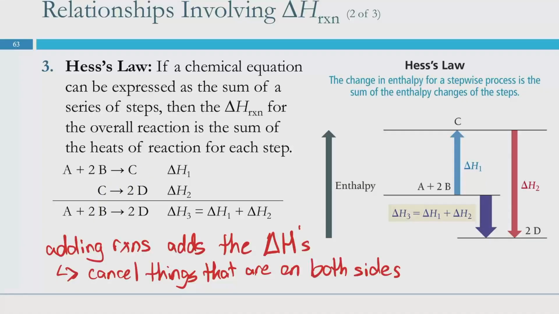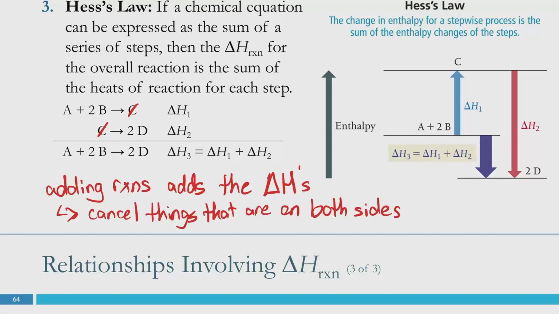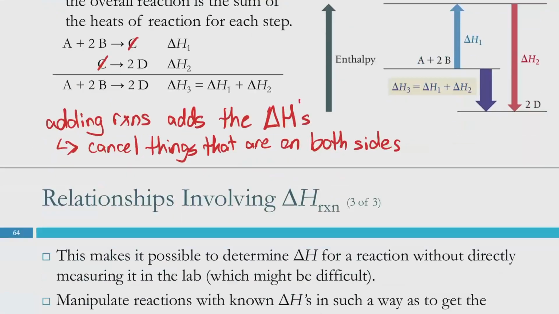If we add these together, we add up both sides, we see that we've got C on both sides. The C's will cancel out because they're on both sides. And we're left with everything on the left going to everything on the right. We add up the delta H values, and we get the new heat of reaction for our added steps.